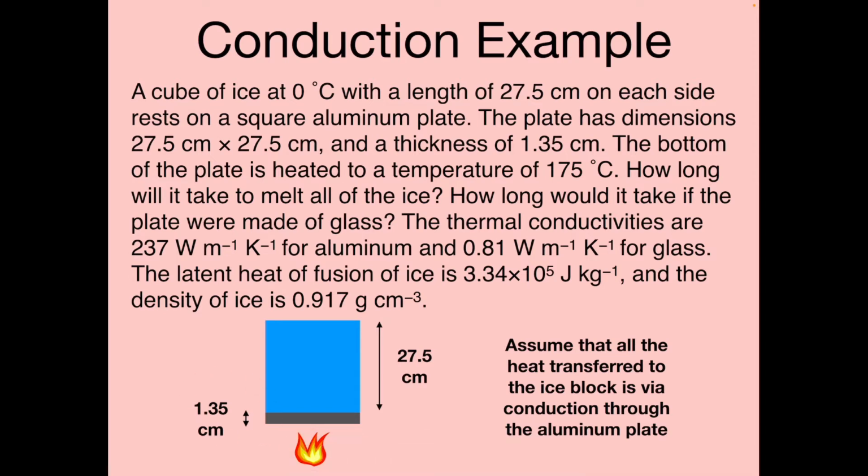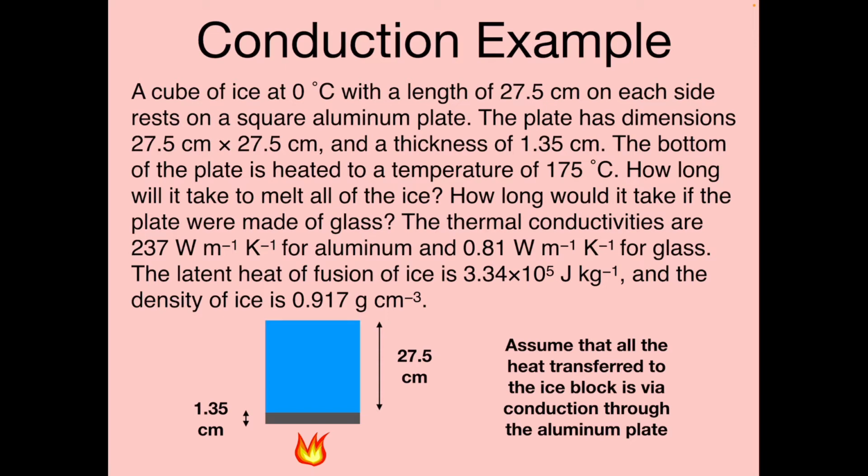So what we're going to do is heat up the bottom of the plate so that its temperature is 175 degrees Celsius down here. But remember, up here, the temperature is still 0 degrees Celsius. So how long would it take to melt all of this ice? And then as a follow-up, how long would it take if this plate were made of glass?